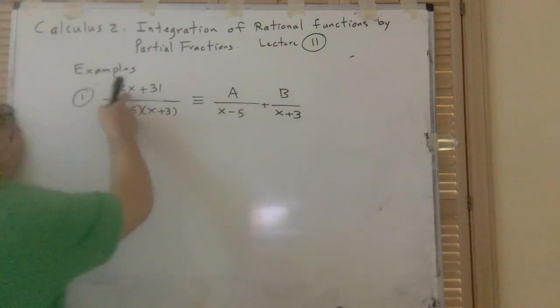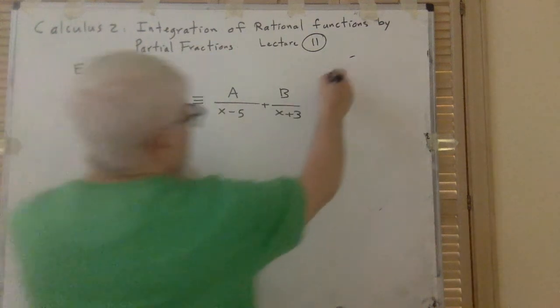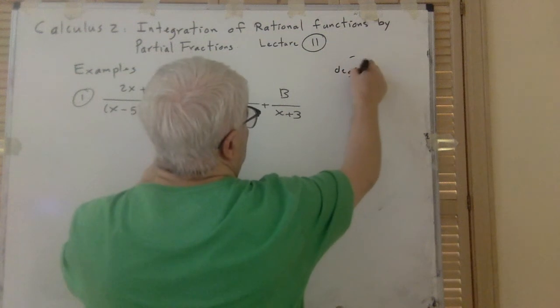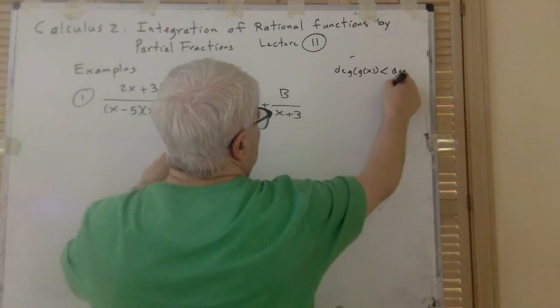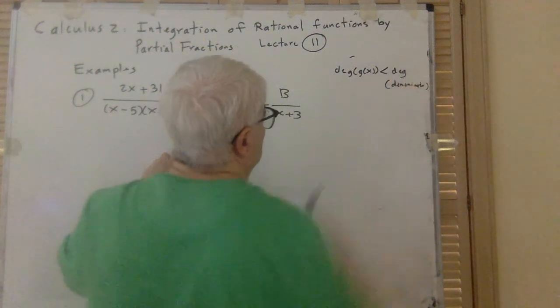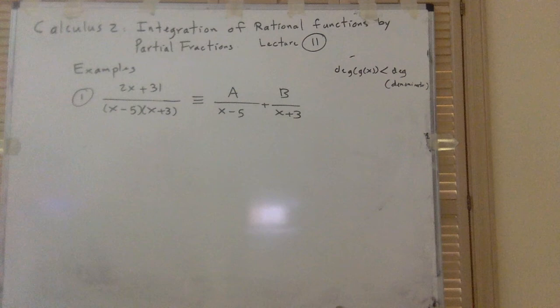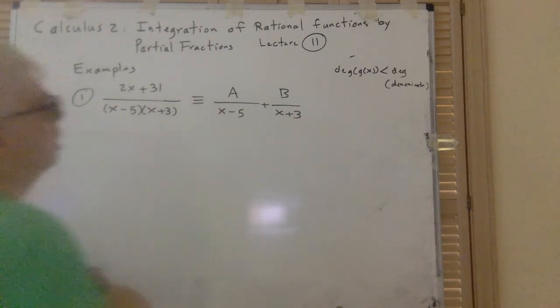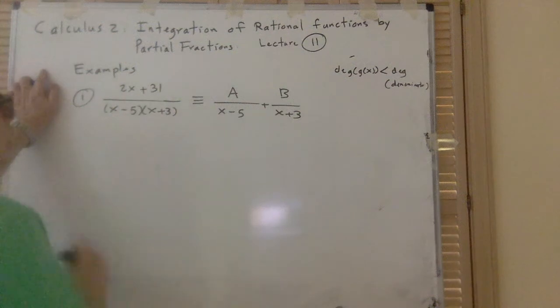And be careful, the degree of g(x) should be less than the degree of the denominator. I forgot to write it in that equation. Otherwise you have to divide and get rid of that extra thing. But usually you don't get that, so usually you have something like this.